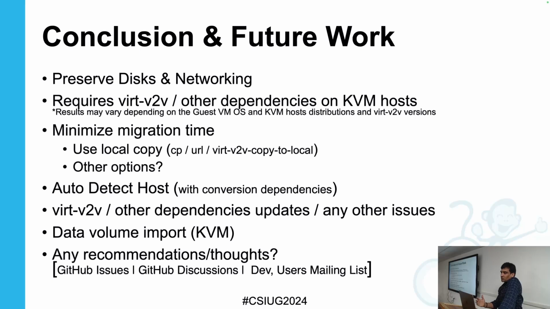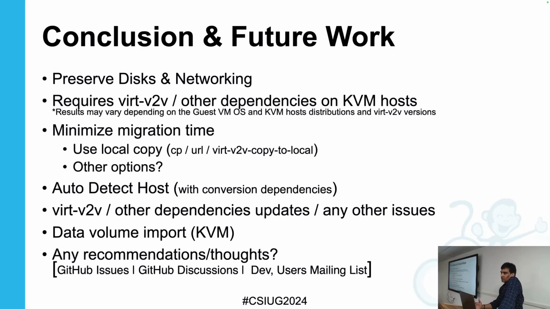For future work, we are now focusing on minimizing the migration time. We have done some POCs, and using a local copy within the KVM host, it seems we have improved the migration time a bit. It reduces a lot of migration time.